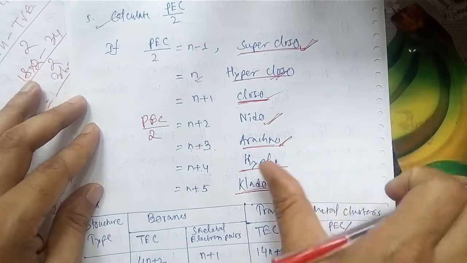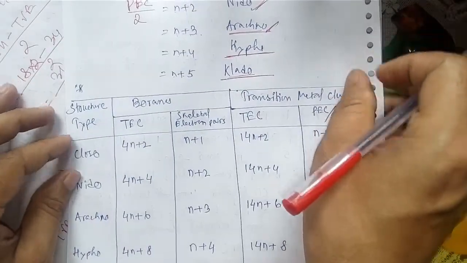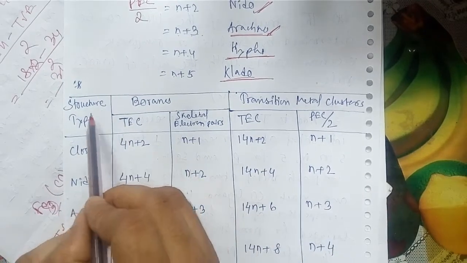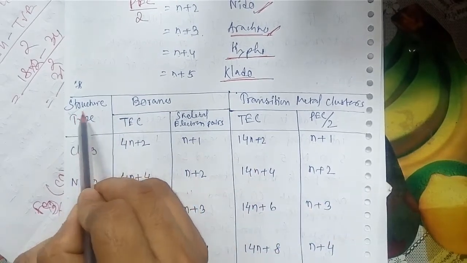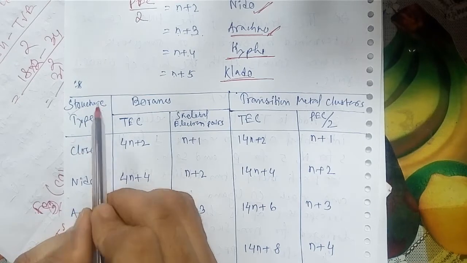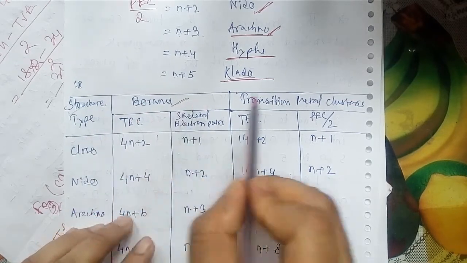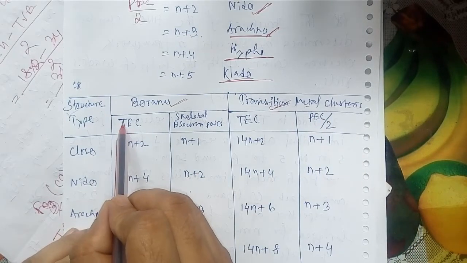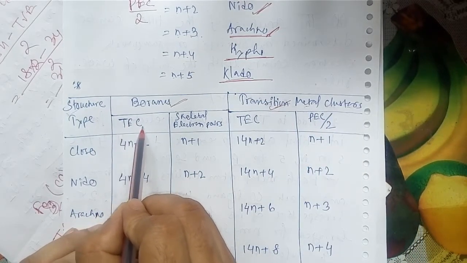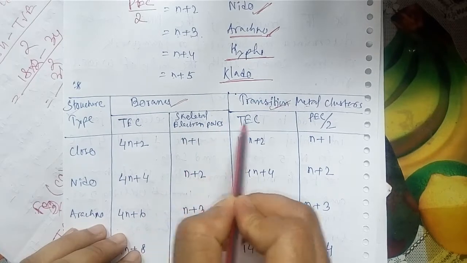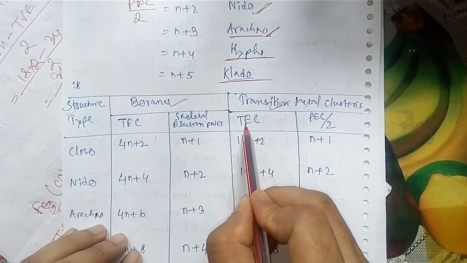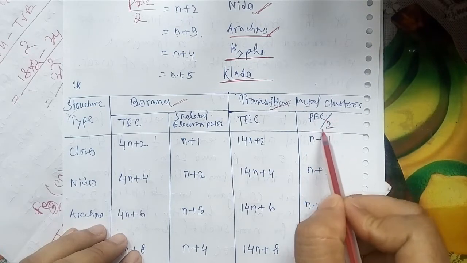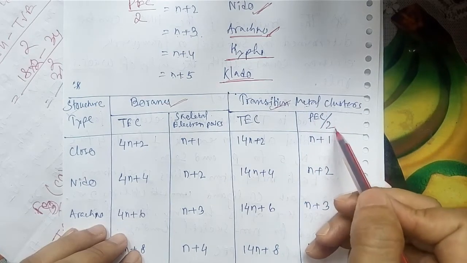Now see this table. Is it visible? I think yes. This is the table of structure types: boron, and transition metal clusters, with total electron count and skeletal electron pairs, where polyhedral electron count divided by 2 means skeletal electron pairs.